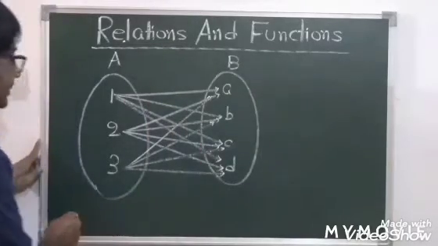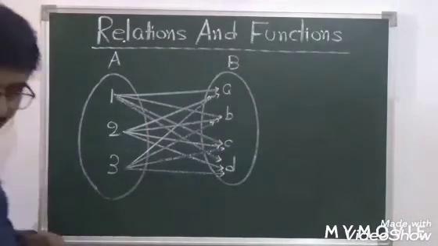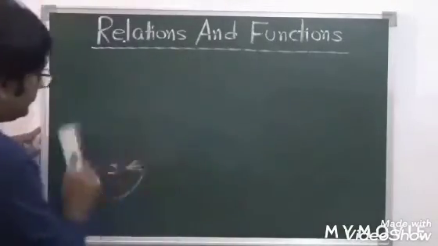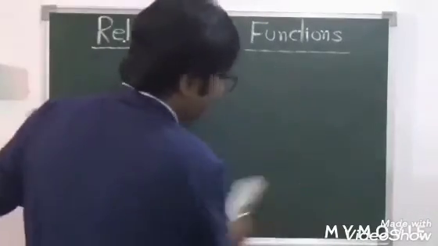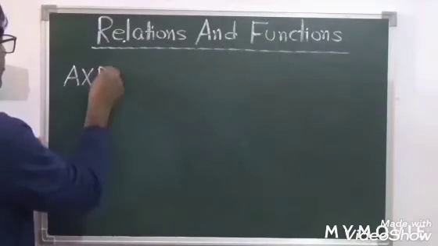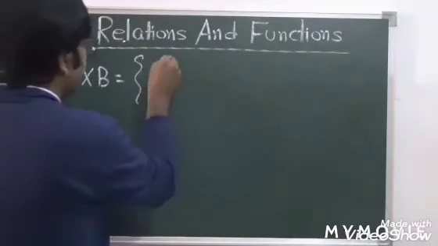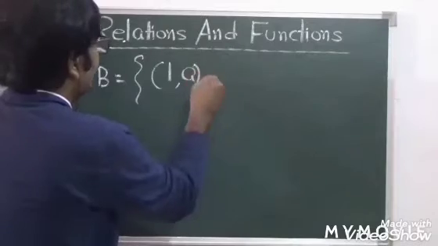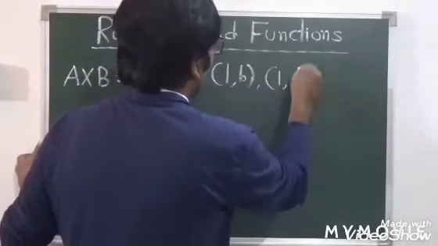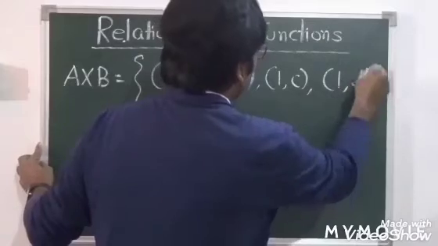So let us note down the elements of A cross B. As I told you, it is in the form of ordered pairs. So this will be 1 comma a, 1 comma b, 1 comma c and 1 comma d.